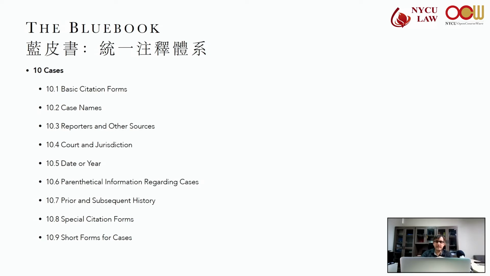Now, 10.3, reporters and other sources. So 10.3.1, parallel citations, and this conundrum of which source to cite. Table T1 for the federal and state jurisdictions indicates which reporters to cite for the decisions in most of the courts.